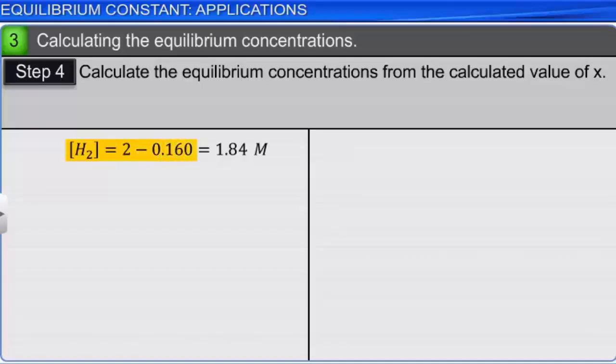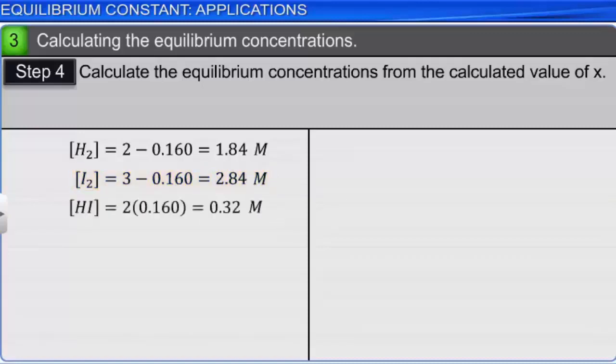In the case of iodine, the initial number of moles was 3, and hence, the equilibrium concentration would be 3 minus 0.160. This is equal to 2.84 moles per liter. And finally, the equilibrium concentration of hydrogen iodide will be equal to 2 multiplied by 0.160. This is equal to 0.32 moles per liter.